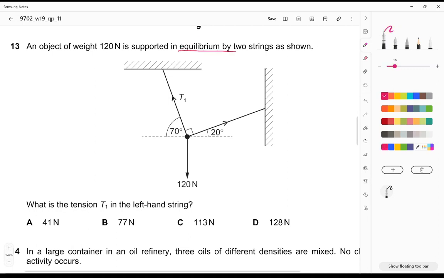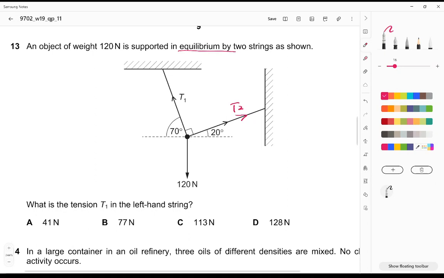This is in equilibrium. So let's mark this as T2, and this is the weight. All these forces form a closed triangle, but I'm not going to use the closed triangle method.